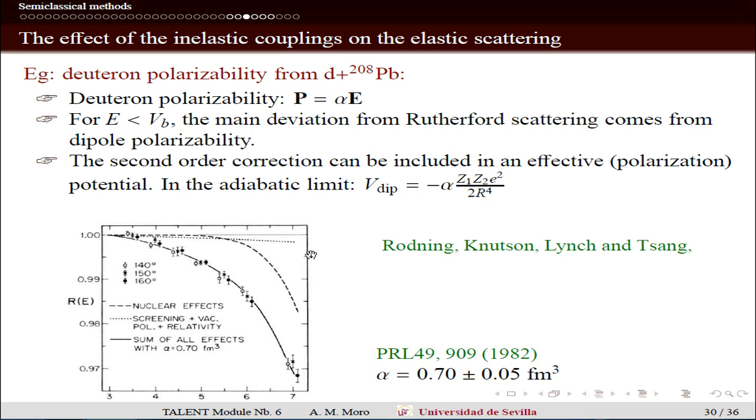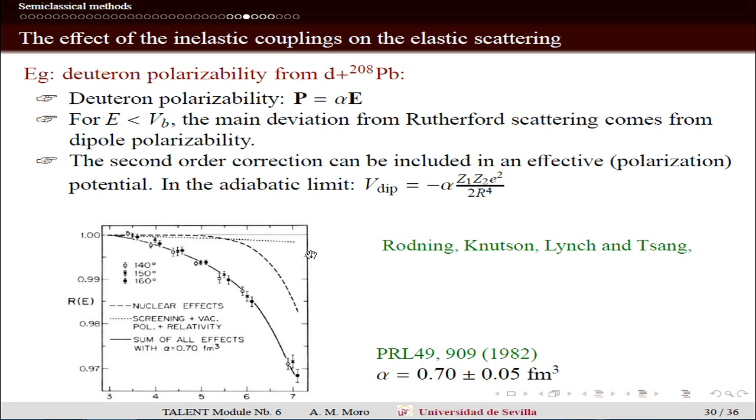So imagine that we have a system like a deuteron that scatters off lead. If we are at very low energies, we expect this to follow the Rutherford cross section. So this ratio here has a complicated definition, but it is essentially something that should be 1 if we have pure Rutherford scattering.